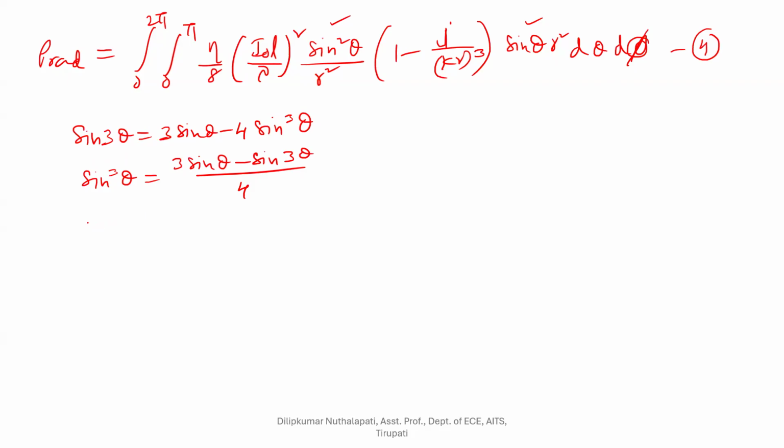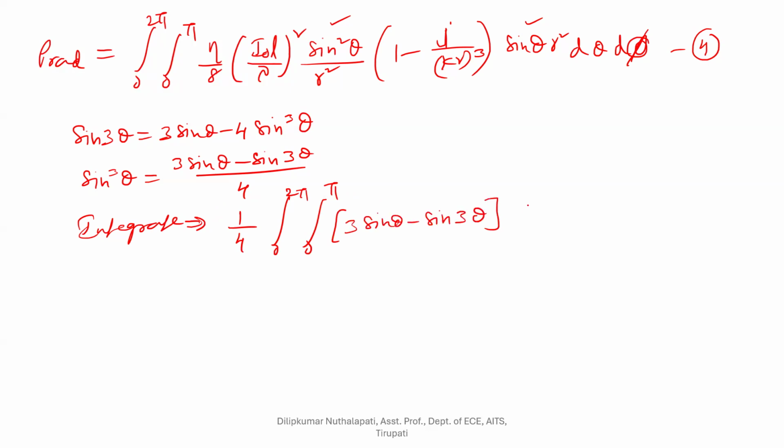So now integrate this sin³ θ with the corresponding intervals. Then we can get 1 by 4 into the integral from 0 to 2π, 0 to π, of (3 sin θ minus sin 3θ) dθ dφ.